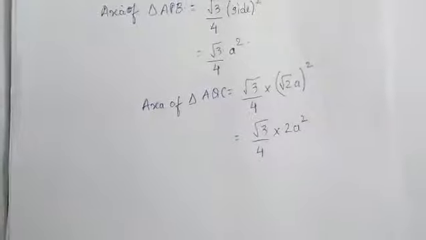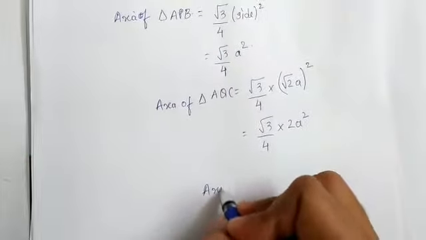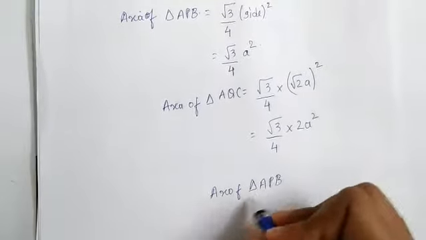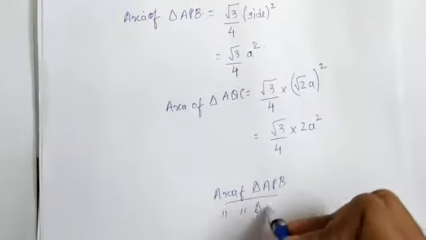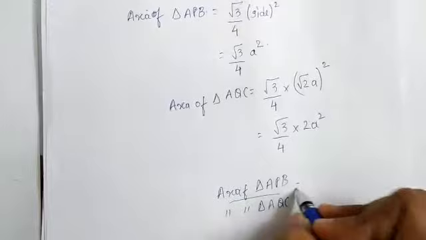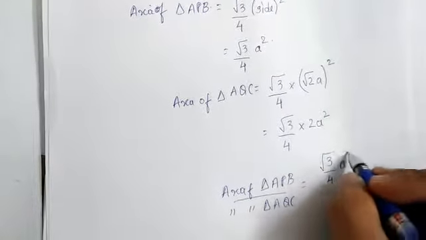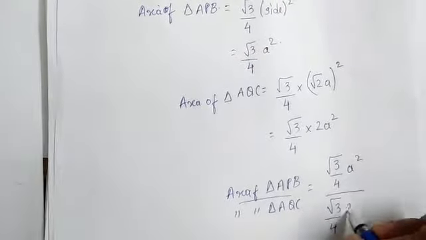So just divide both of these. Area of triangle APB by area of triangle AQC is equal to root 3 by 4 A square upon root 3 by 4 into 2A square.